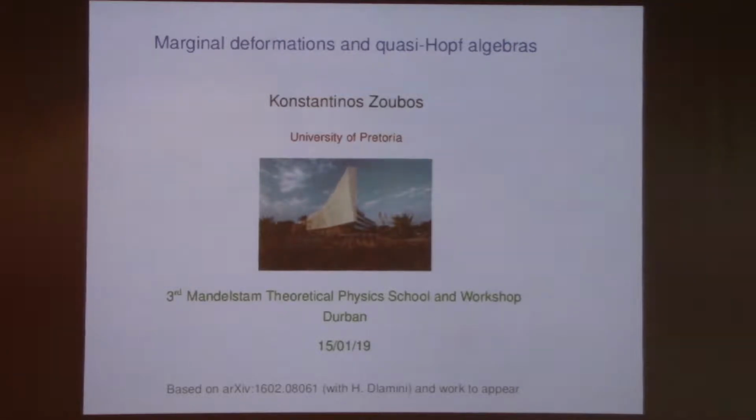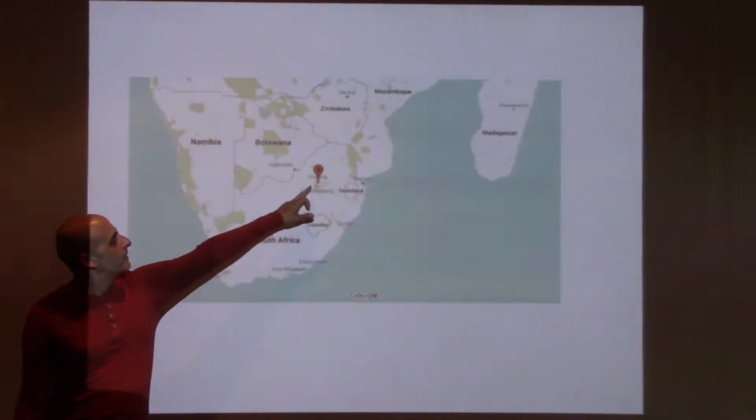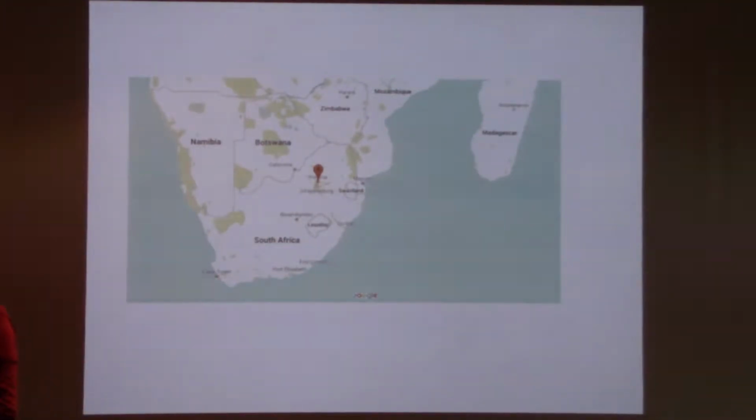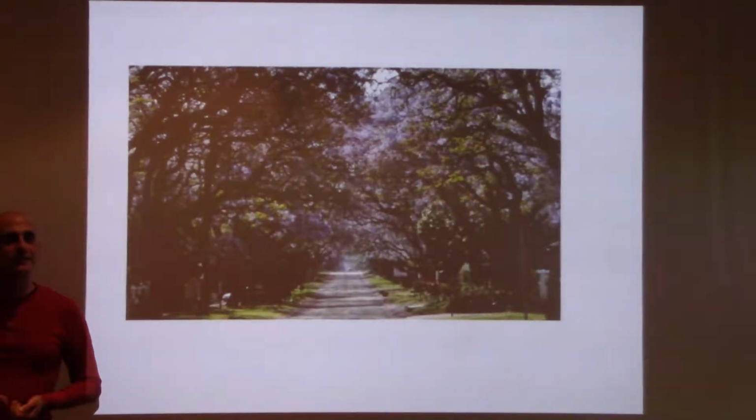All right. So first of all, there was a question: where is Pretoria? Just to point out for the international visitors, it's close to Johannesburg up there. It's the capital of South Africa, and it's a nice little city with lots of jacaranda trees from Argentina.